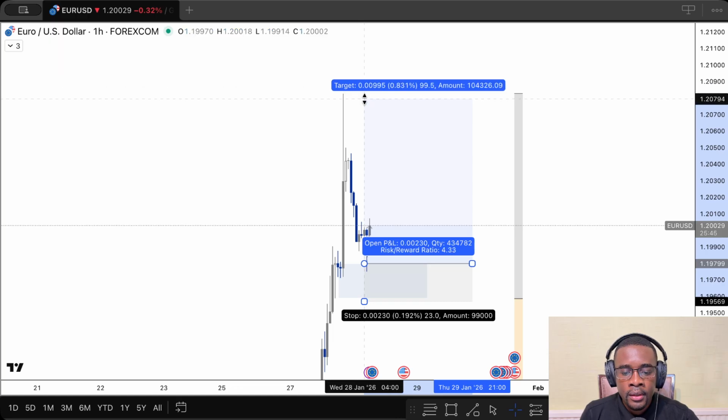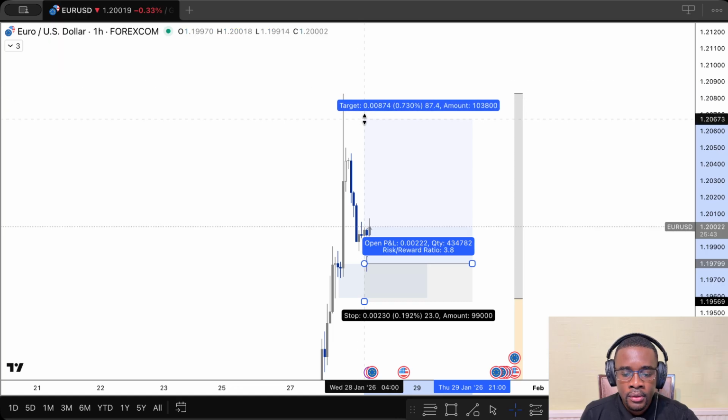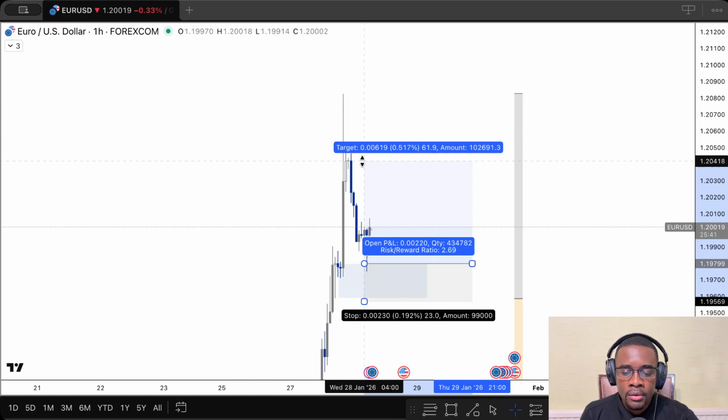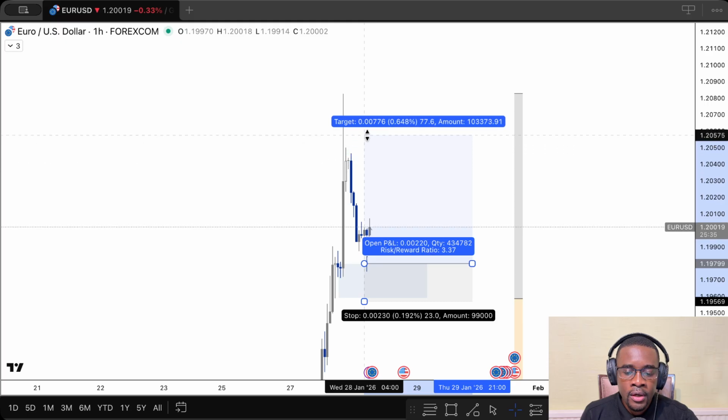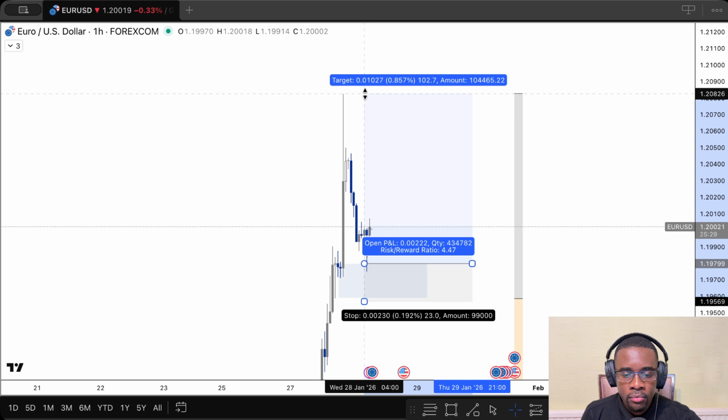And then all the way up to there, if you're going for 2R, definitely something to try. If you're going for 3R, very doable as well. And then targeting that high, that's actually 4.4.